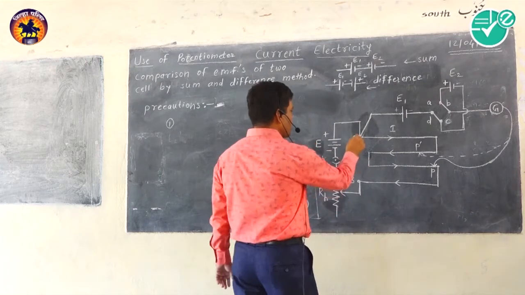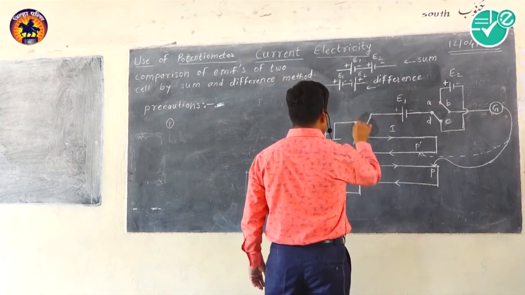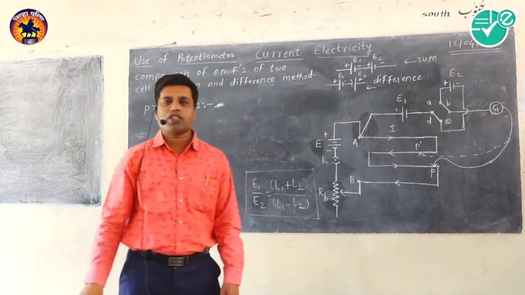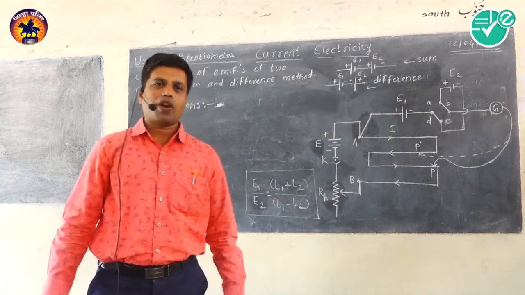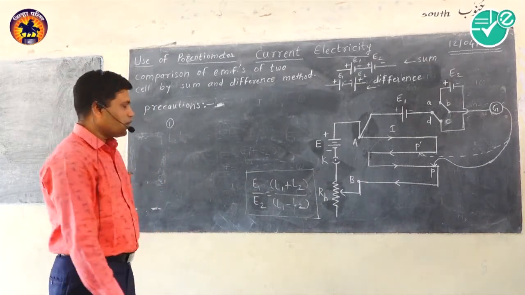Means at point A, the positive terminal of E1 and the positive terminal of the driving cell E must be connected at the same point. It should not be connected at any point other than A. This is the third precaution.